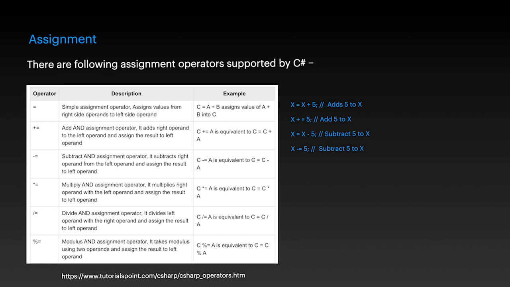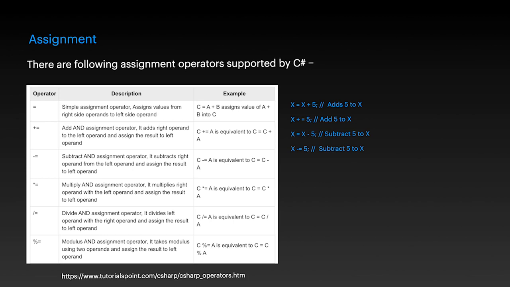It's all kind of assignment, right? For example, you can see the blue part: X equals X plus 5. Also, you can shorten it and write X plus equals 5. You can see those two actually mean the same thing.